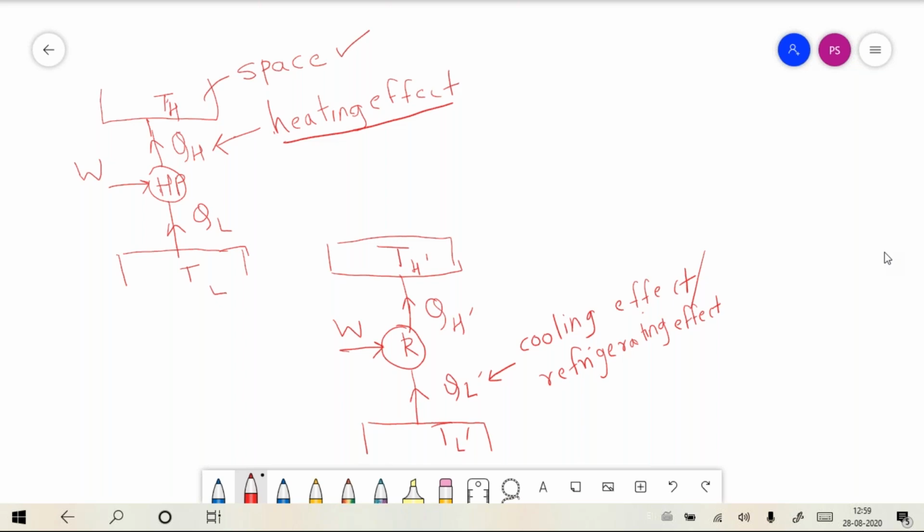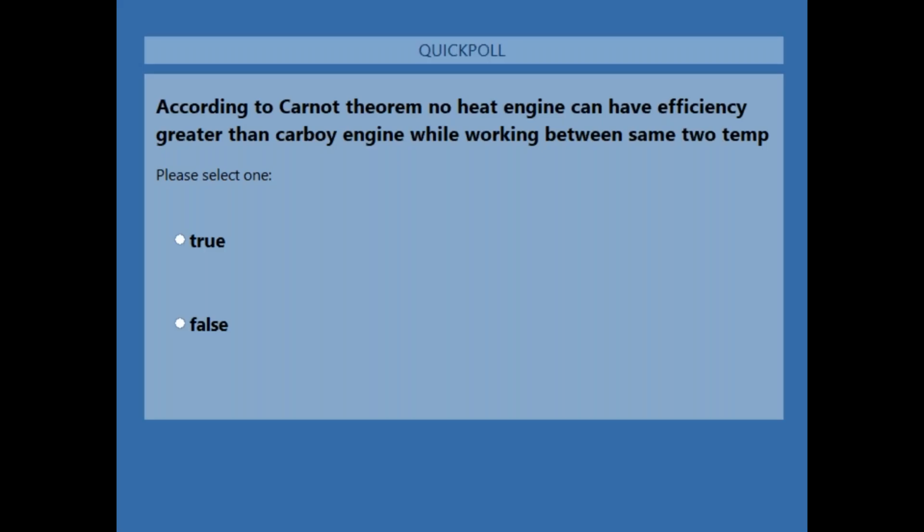Now, just to check whether you have seen the video. There is a small correction in the question. The spelling of Carnot is wrong. I have made a typing mistake there. According to Carnot theorem, no heat engine can have an efficiency greater than the Carnot engine.